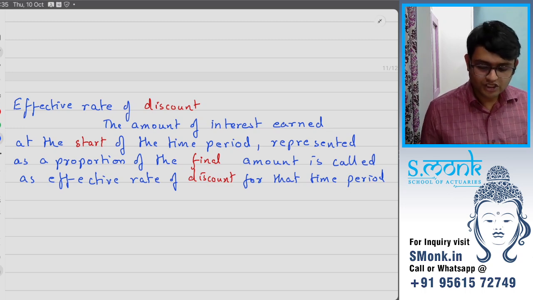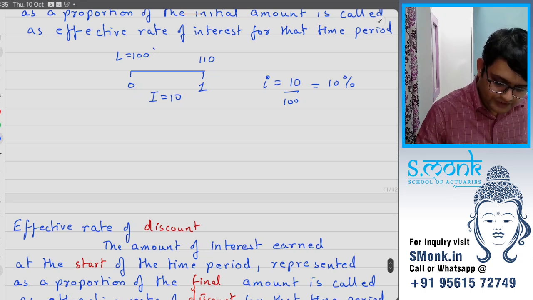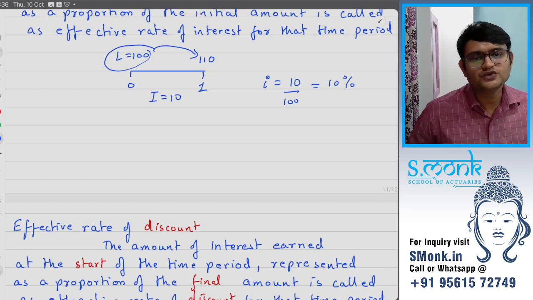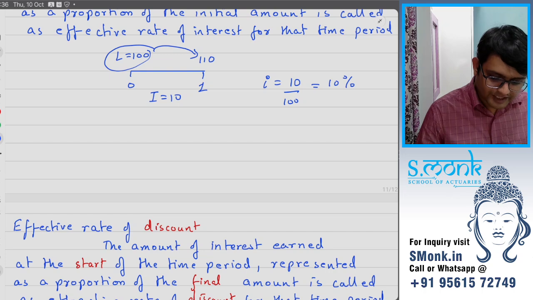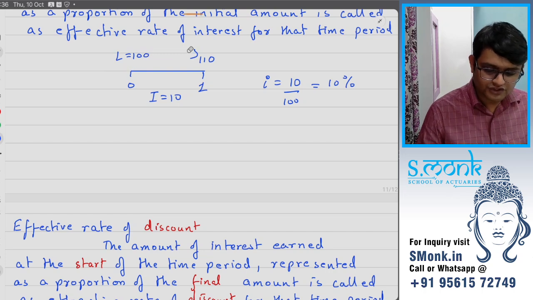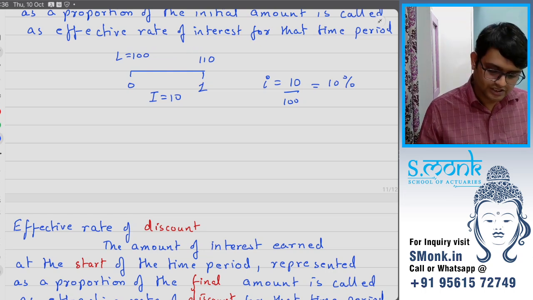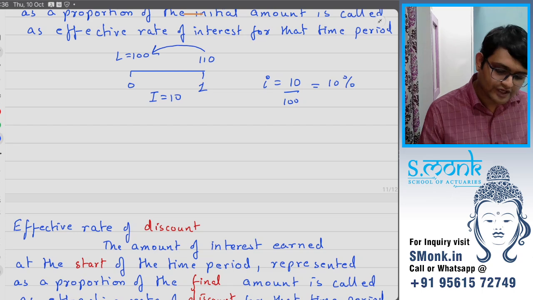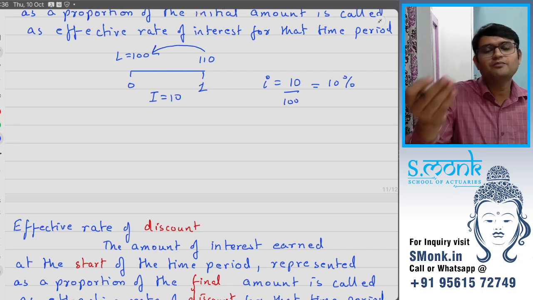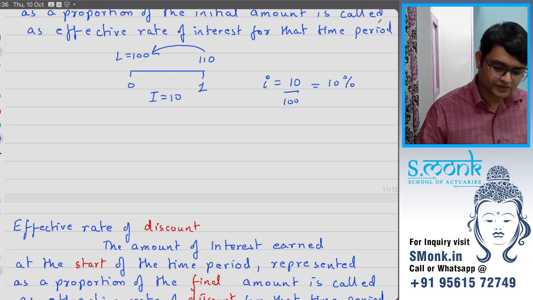Now what is happening is, in rate of interest we start from here and we go in this direction to find the future value. So we know the present value and we are trying to find the future value. That is how the interest rate was created. But the discount rate was created exactly opposite. We are coming back in time to find the present value.